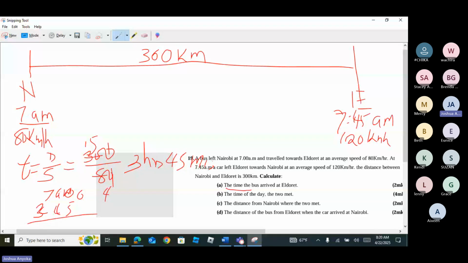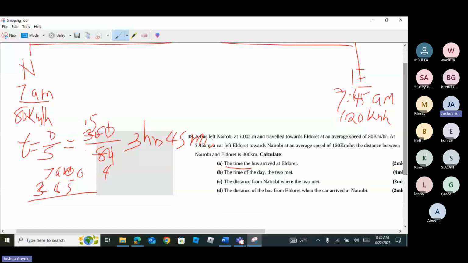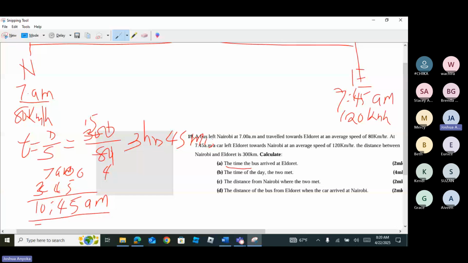So the time of the day the bus will arrive in Eldoret is 10:45 a.m. Any question there? This question has not involved relative speed so far.